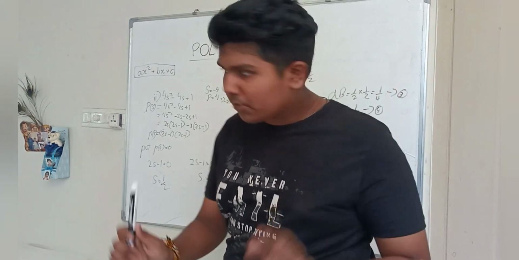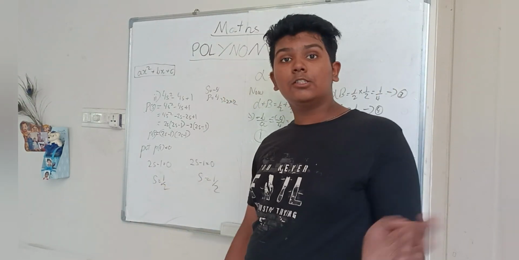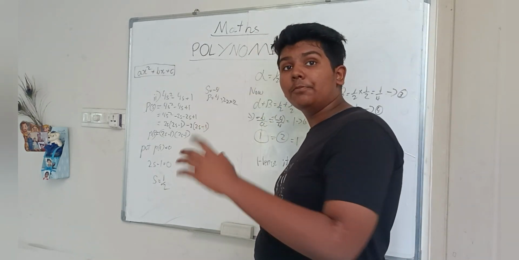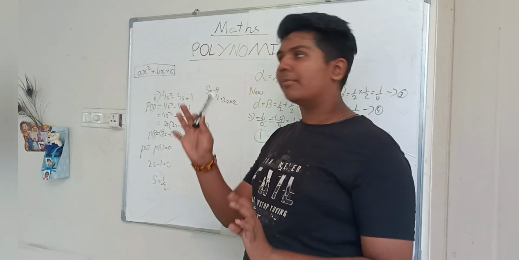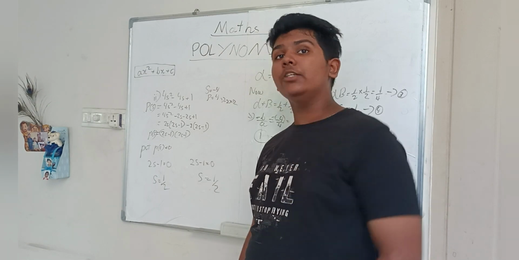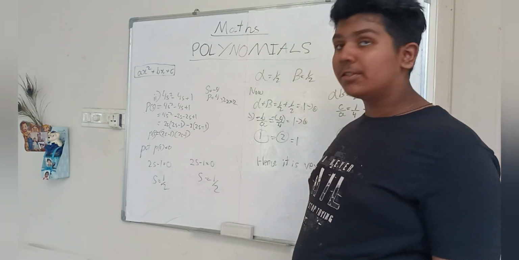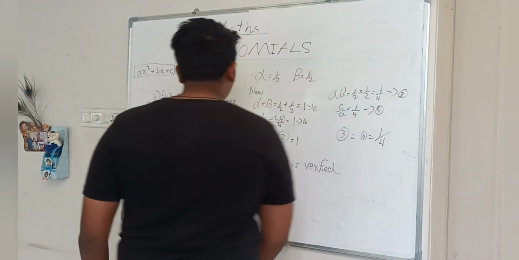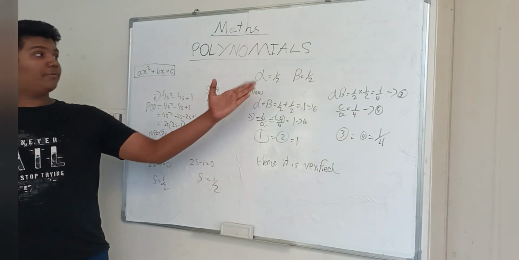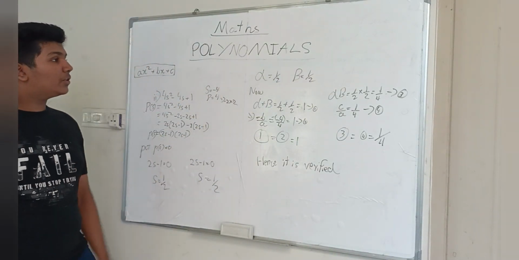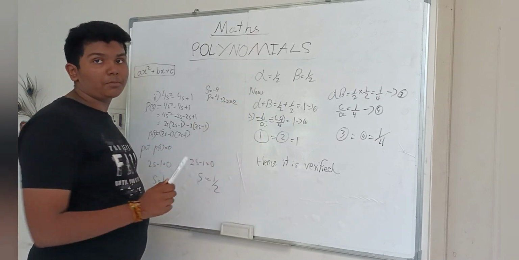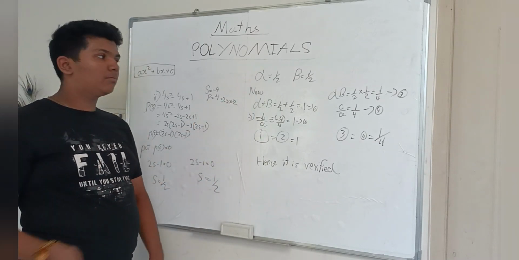So there will be positive 1. And 2, since 2 into s, 2 will go to the other side and will come down, not up. So s is equal to 1 by 2. Here also 1 by 2. Now alpha and beta. So alpha is 1 by 2, beta also 1 by 2. So both of them have the same numbers.